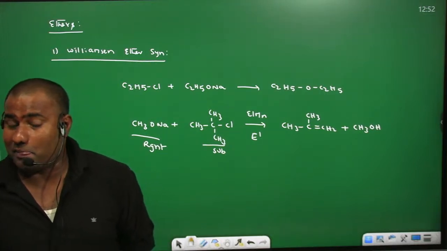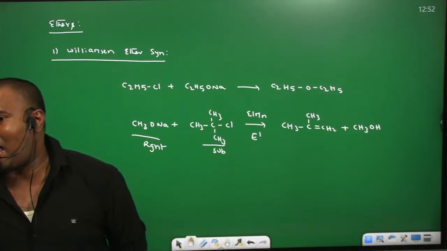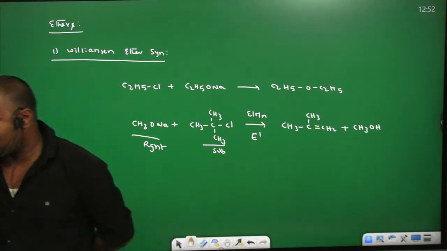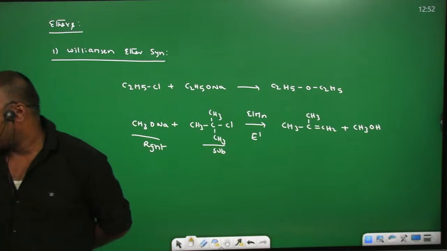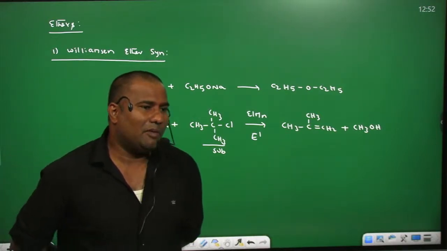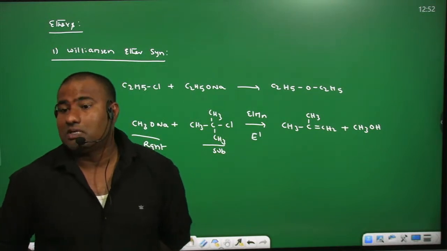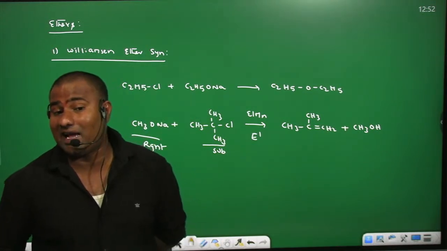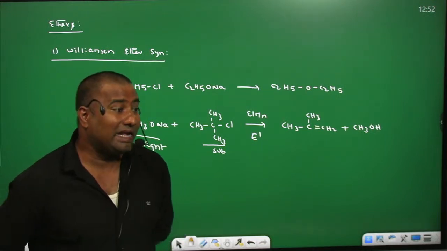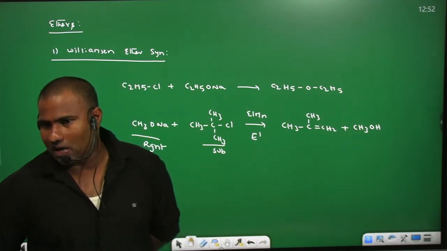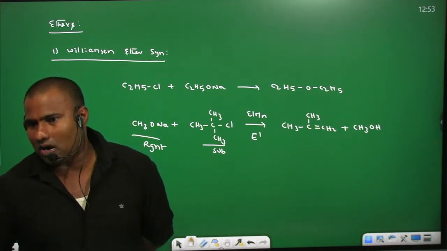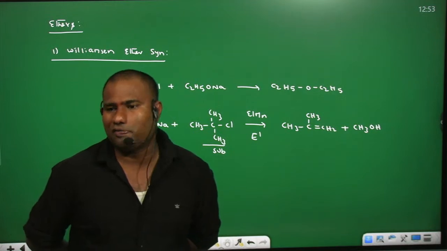If you need to prepare an ether containing a bulky alkyl group, a symmetrical ether containing a bulky alkyl group, in such a case you need to take the bulky group on the reagent, but not on the substrate. We should not take the bulky group on the substrate; it must be placed on the reagent. Then only you are going to get nucleophilic substitution.